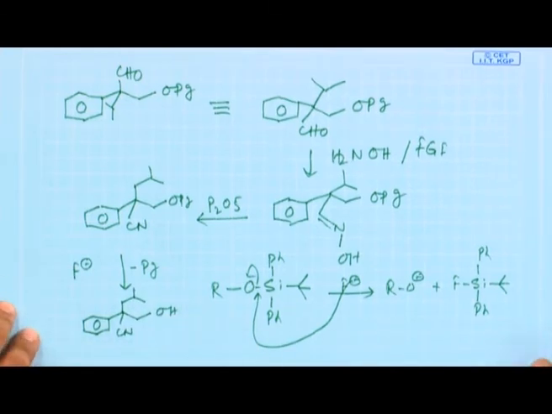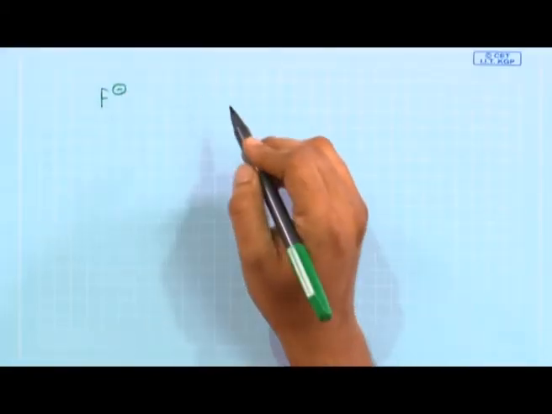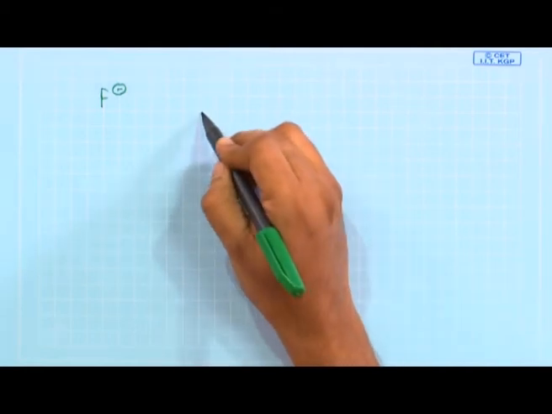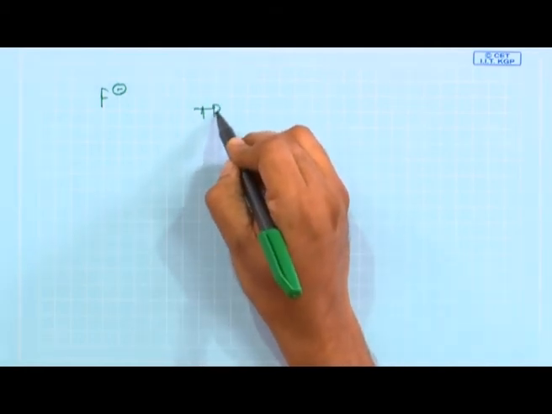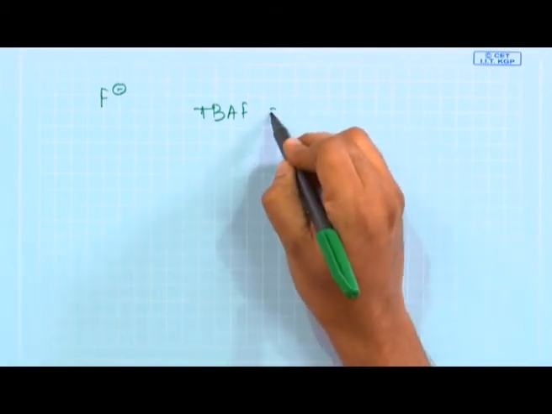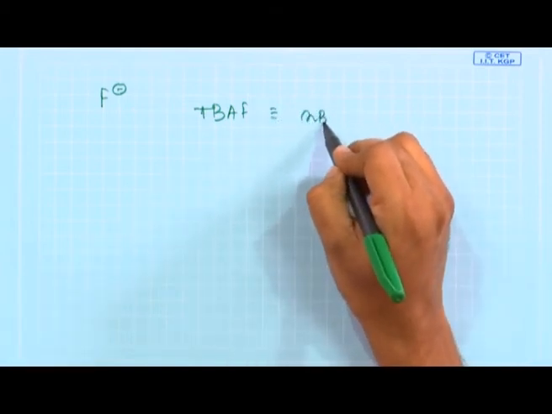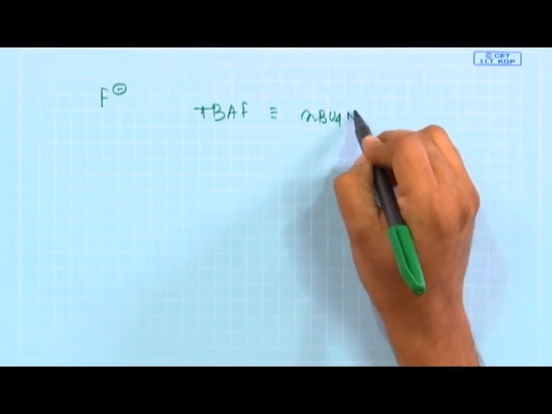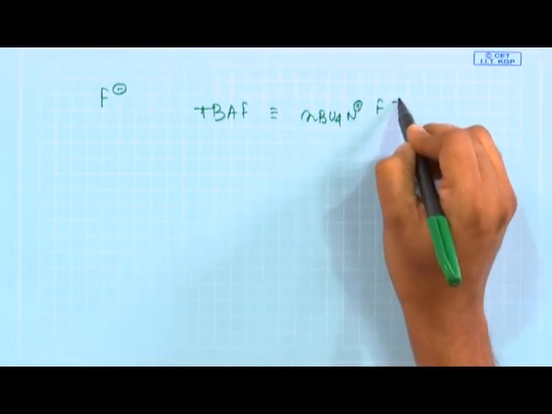Now, coming to the fluoride source, what kind of fluoride source can you think of using for silicon deprotection? The best fluoride source that we will be using is TBAF, tetrabutylammonium fluoride. The structure is NBu4 N plus F minus.